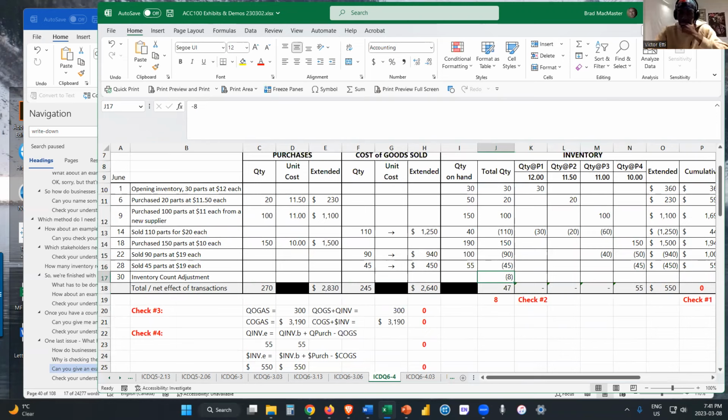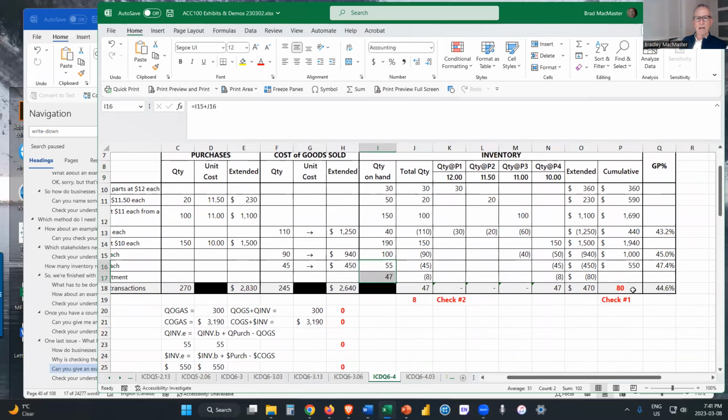Yep. And that 8 units is going to have to, oops, sorry, I should just put -8 in this column. And then it will add up to 8 units this way. Now we have an ending inventory of 47, and the cumulative quantity on hand will be 47. And you can see that basically I have an out of balance condition of 80.